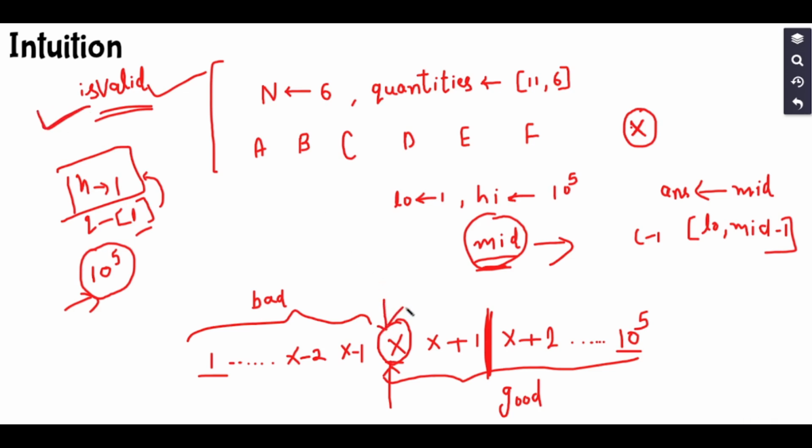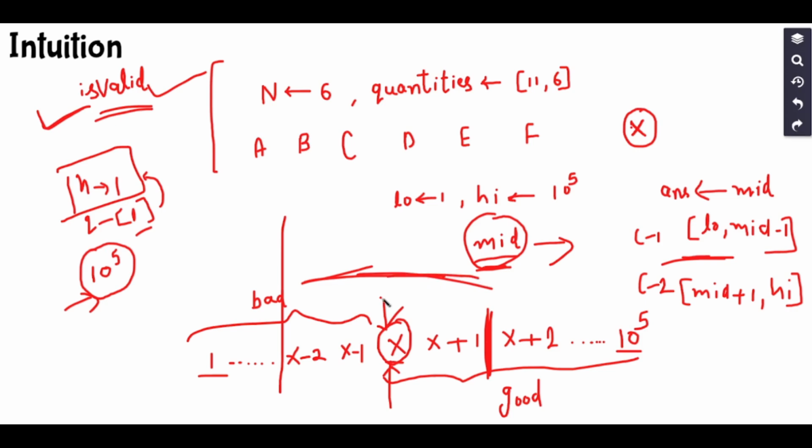That is this one. So that's why maybe our answer lies in this range, while this can be the potential answer. So the search space is reduced to this one. Otherwise, the search space is reduced to mid plus 1, too high. In case if this mid lies on this bad side, that means the answer lies on this side only.